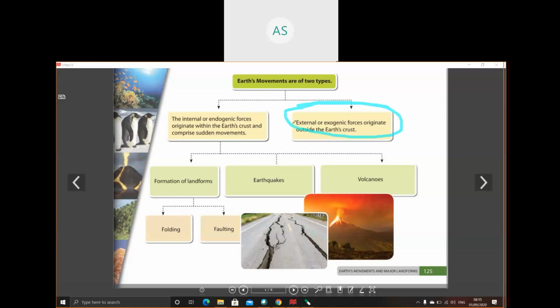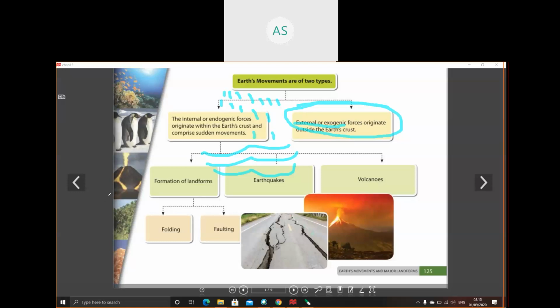Exogenic forces are those forces which are driven by rainfall or heavy windfall. Whenever there is heavy rain or heavy wind, the earth moves, like landsliding and all those things.